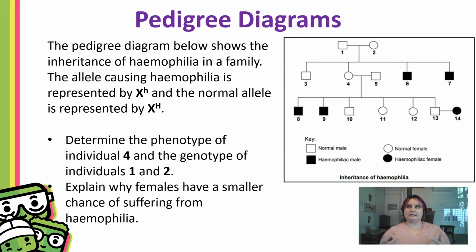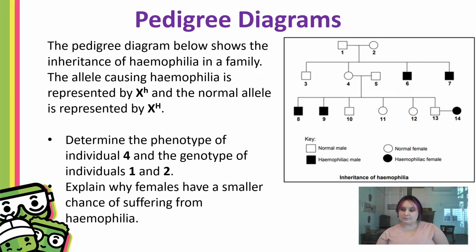Now, hemophilia is a disorder that is to do with the fact that you don't produce the clotting factors in your blood. And so if you suffer from hemophilia, what happens is if you cut yourself, it's not going to stop bleeding. So it can be potentially life-threatening and dangerous. So it's important for us to understand how it's inherited and which members of the family suffer from hemophilia.